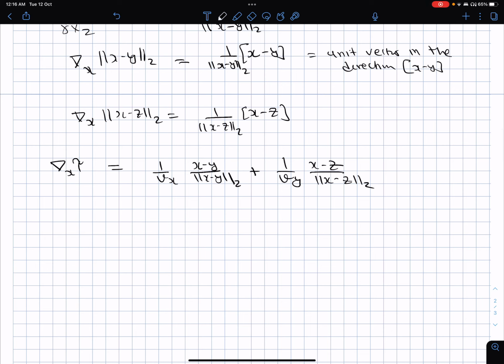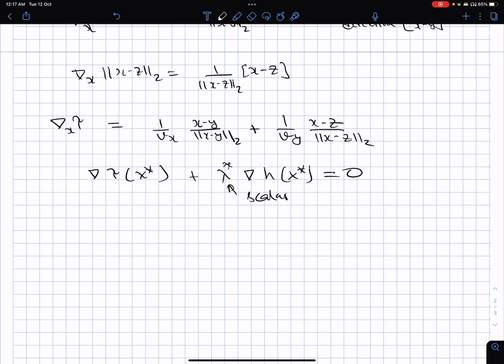And now where does the x star have to lie? X star has to lie in such a way that the gradient of this calculated at x star, plus lambda times the gradient of this calculated at x star, should be equal to 0. And what is lambda? Lambda is a scalar.